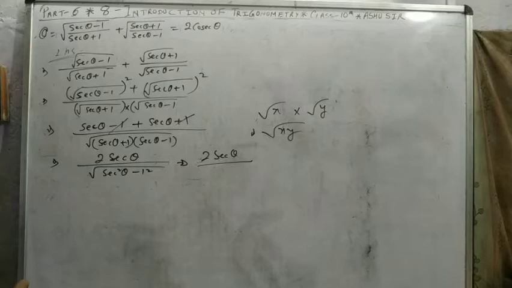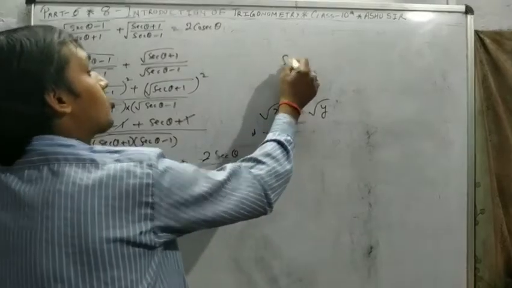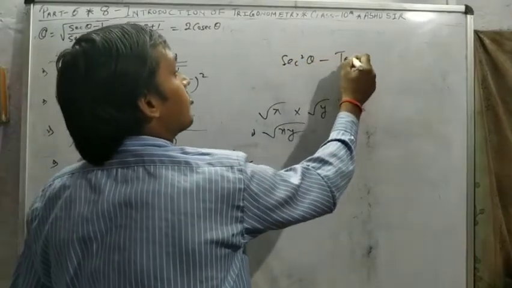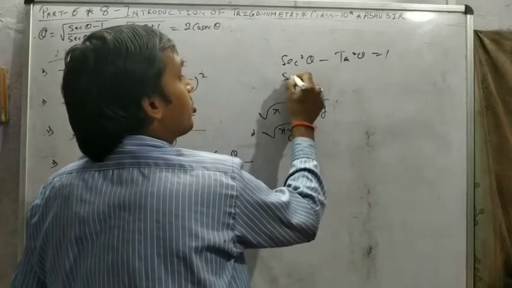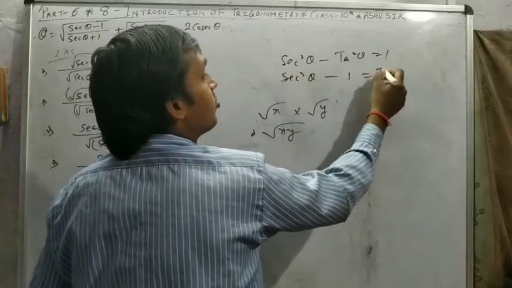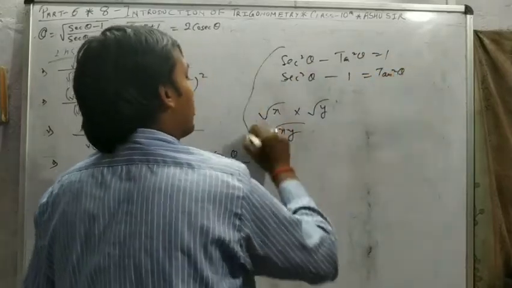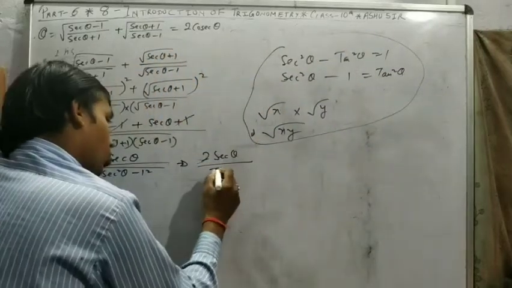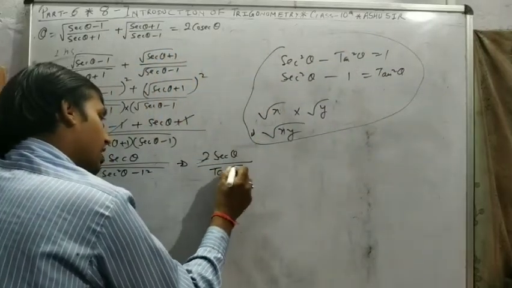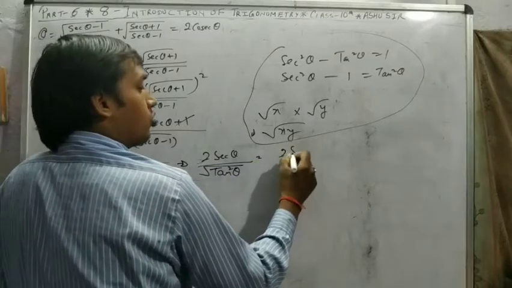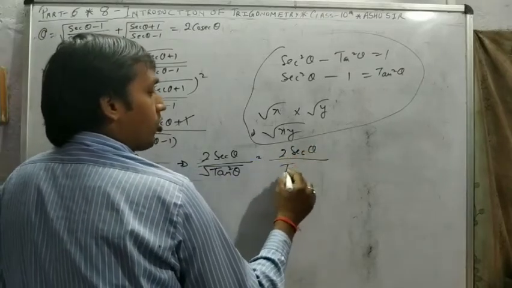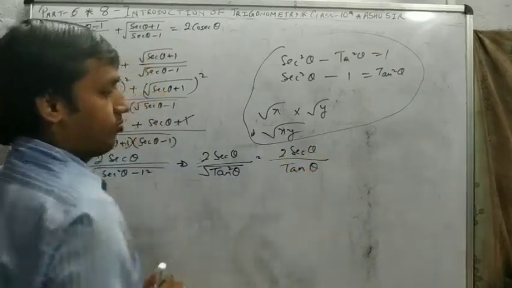You know, sec square minus tan square is equal to 1, so sec square minus 1 is equal to tan square. So you only get here the square root of tan square, so 2 sec theta upon only tan theta.